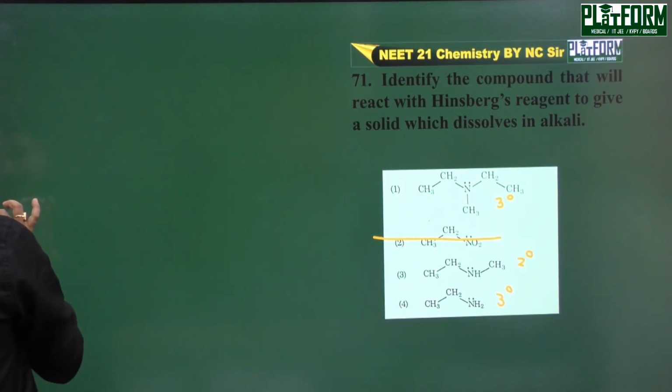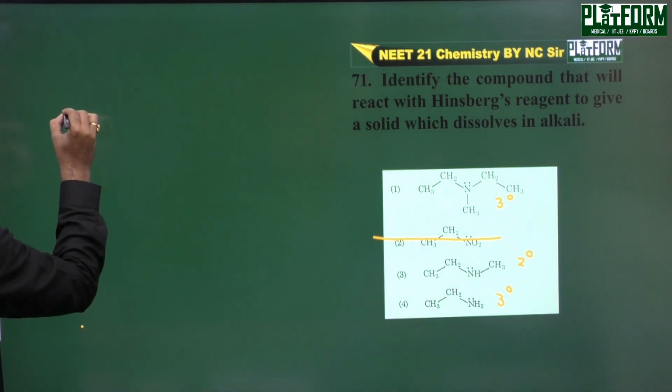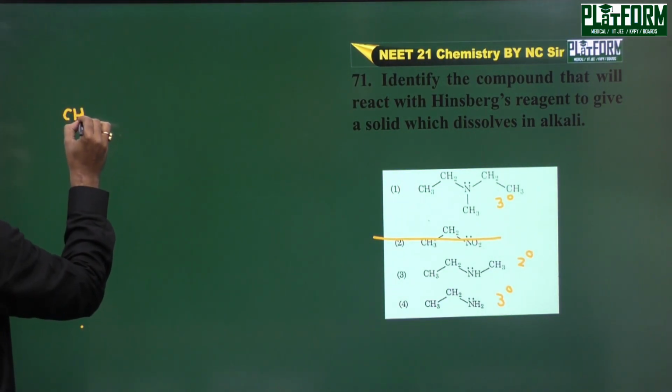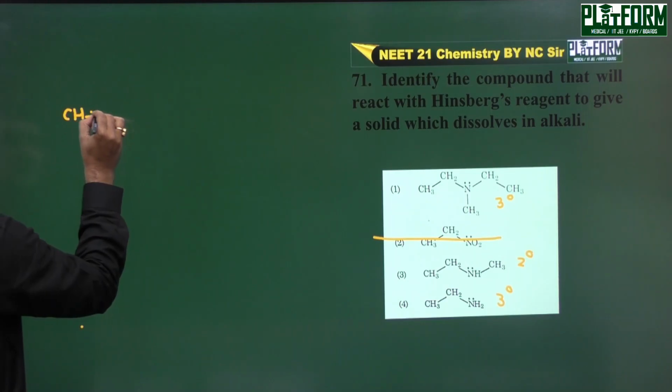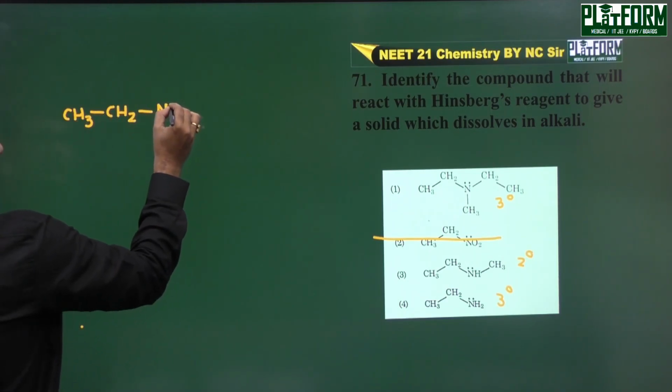Now if we write down a primary amine, let us take CH3CH2NH2.